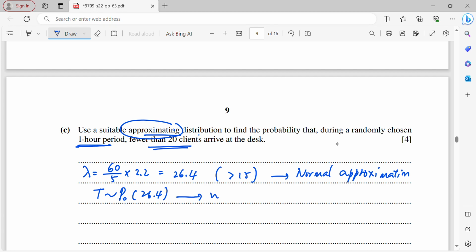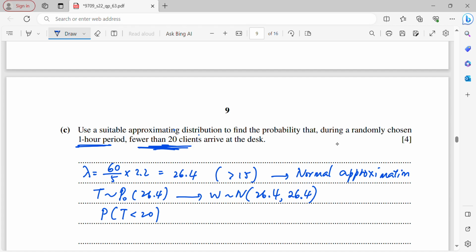Now approximate to normal. The mean is 26.4. The variance is also 26.4, because for Poisson distribution, the mean is the same as the variance. So now it is less than 20. Within the 1 hour, less than 20 means P(T less than 20).